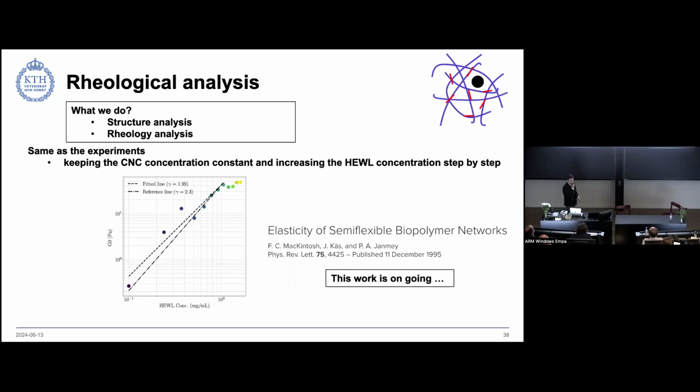The slope of the line here is a little bit different. The reference one is 2.3, but 1.99, or 2, is what I got at this point. I tried to improve it, but this is the stage of this project. Actually, this is the beginning of this project, and I would say it's a kind of validation for this system. And this work, of course, is ongoing.